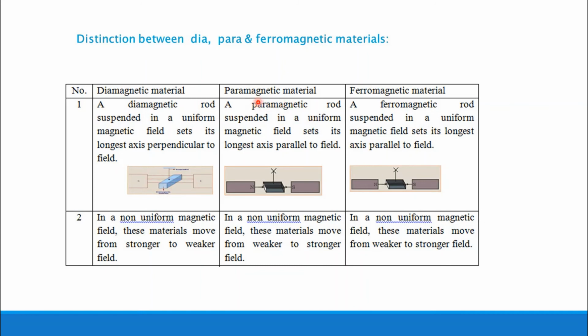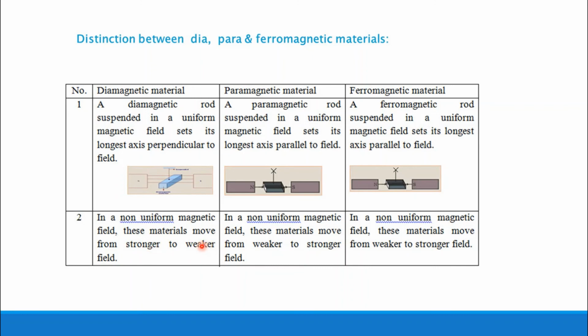Whereas a paramagnetic rod suspended in a uniform magnetic field sets its longest axis parallel to the field. Now you see, it is a uniform field in which a paramagnetic rod is suspended here, and it is setting parallel to the direction of the field. In the case of ferromagnetic substance, the same thing happens but to a greater extent. The second property: in a non-uniform magnetic field, these materials move from stronger to weaker region.